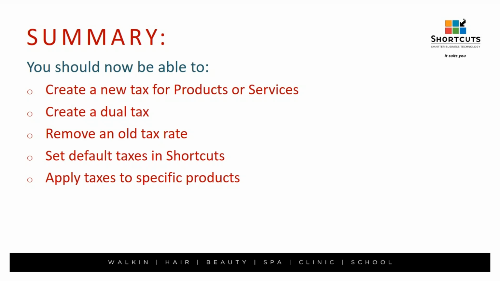You should now know how to remove an old tax rate. Remember, you're not deleting them, you're just making them inactive. And then how to set default taxes in Shortcuts, whether going forwards every new service or every product should have this new tax rate. And of course, last but not least, how to apply tax to very specific products or services.